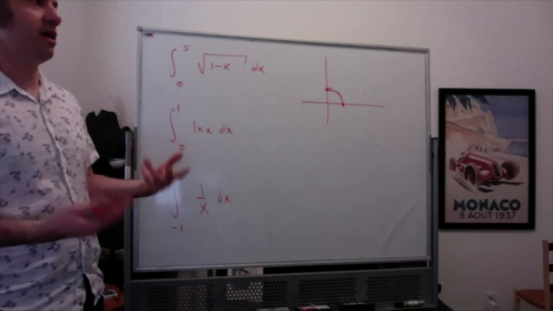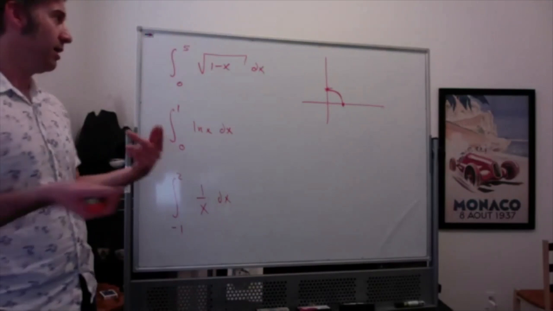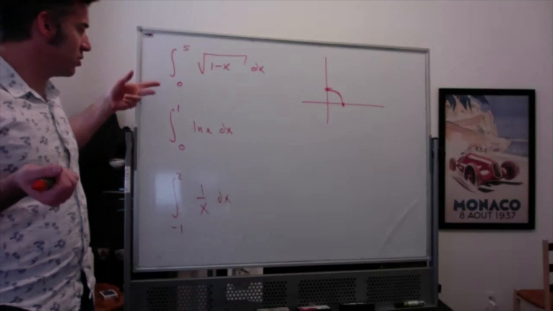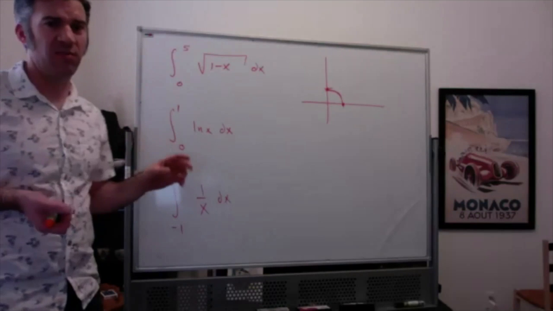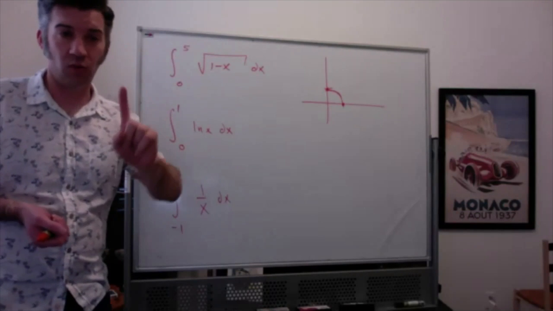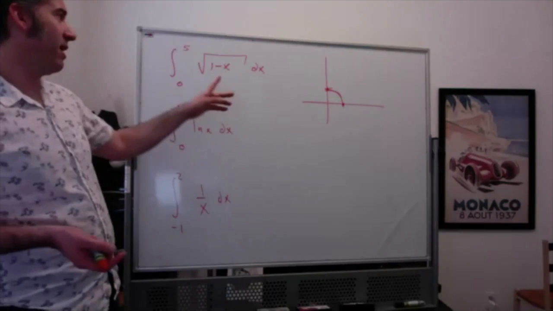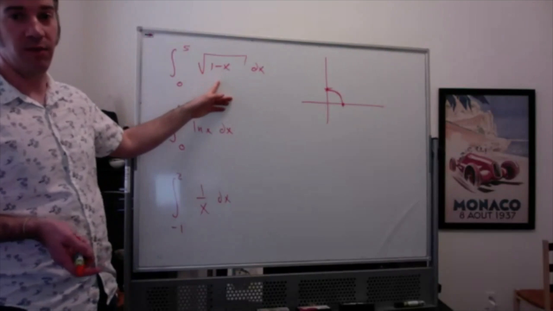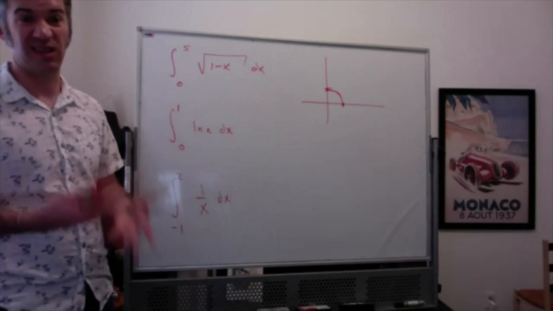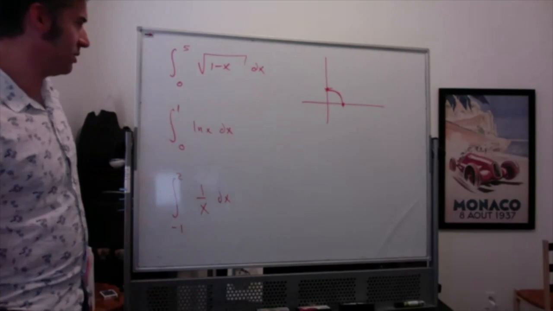So what I'm trying to say is that these improper integrals can only be undefined at one spot or two spots. It can't be undefined at every value of x from 1 to 5. That just isn't going to fly. So let's look at this question.